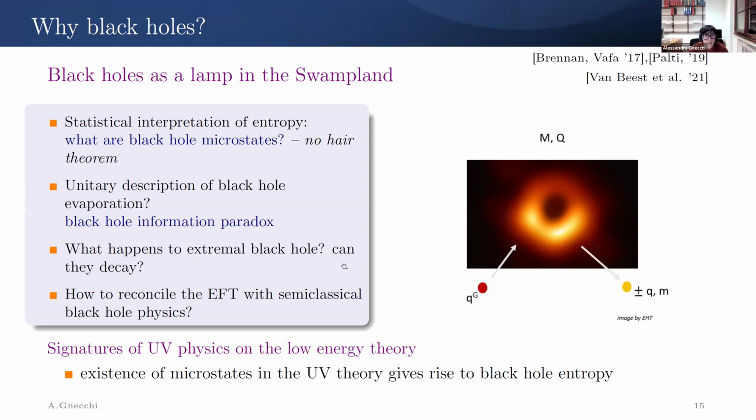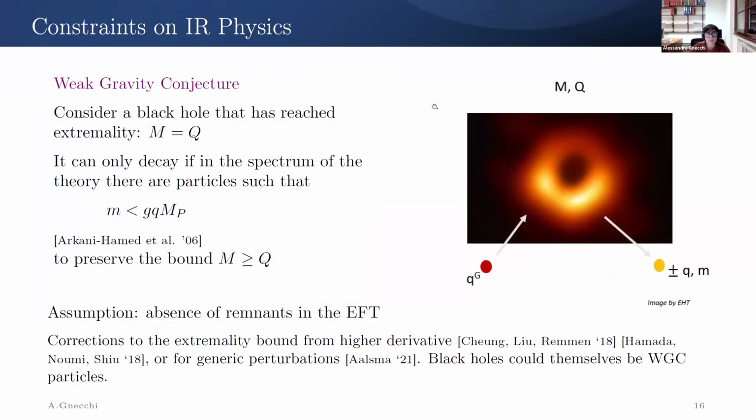So how does it happen? What happens? We don't see any remnants. The systems seem not to exist. How do we ensure that this black hole decays and disappears from our universe? Well, the first conjecture, which again was part of our literature and scientific knowledge way before the swampland program, is the weak gravity conjecture.